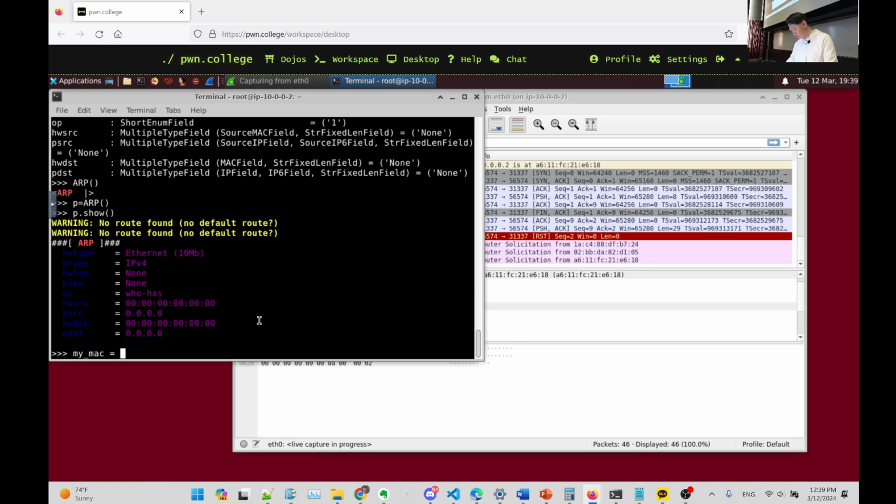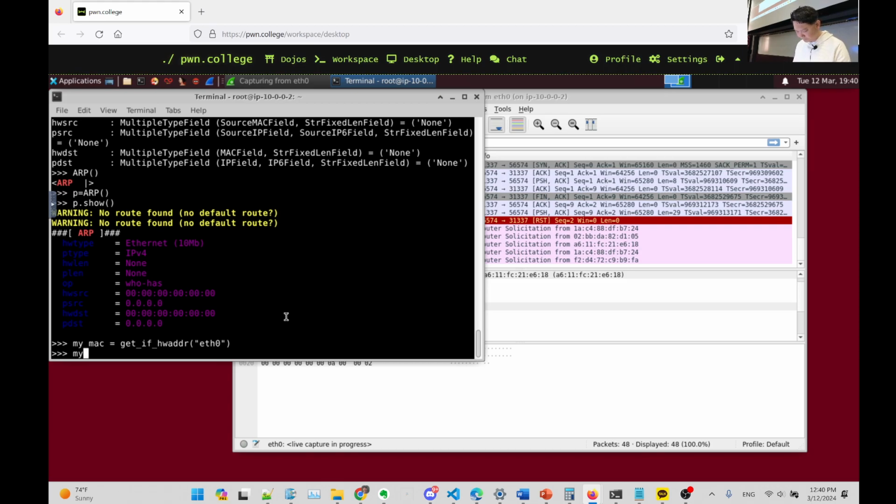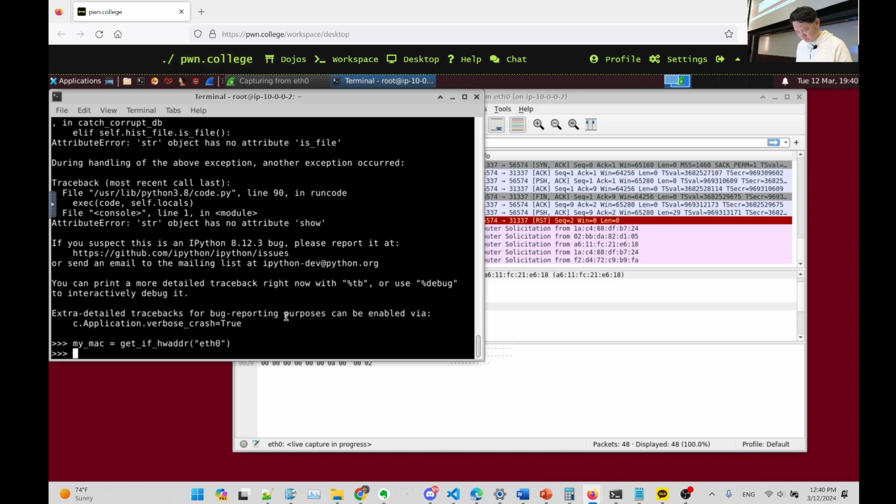Let's see. get interface MAC, with the eth interface name. And let's check. Get it.